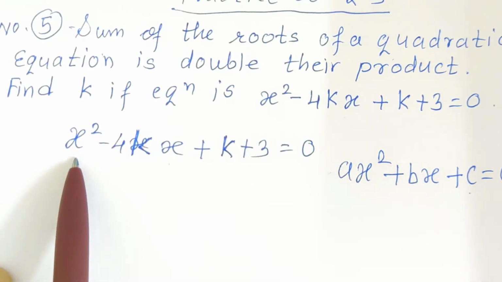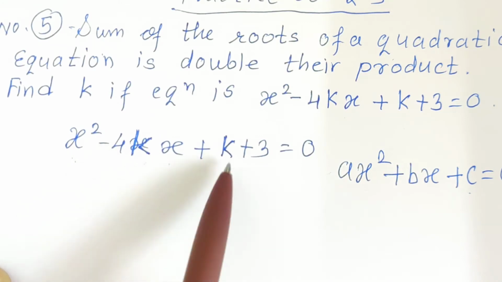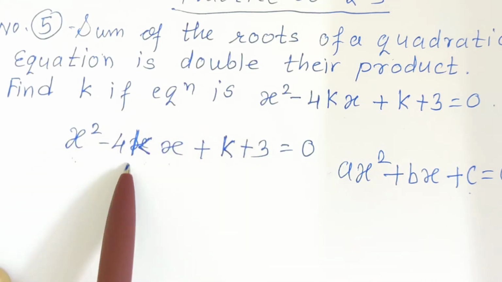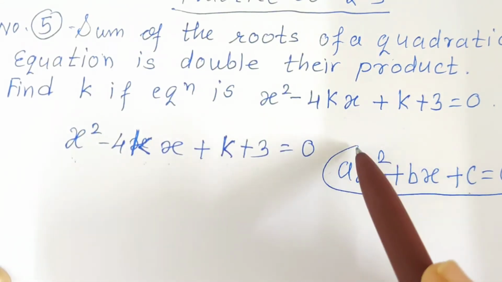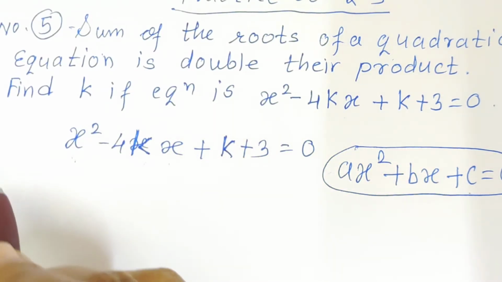And the equation in the question has four terms, that is x square minus 4kx plus k plus 3 equal to 0. So first we will convert this given equation into standard form, and then solve according to the given condition. How will you convert?